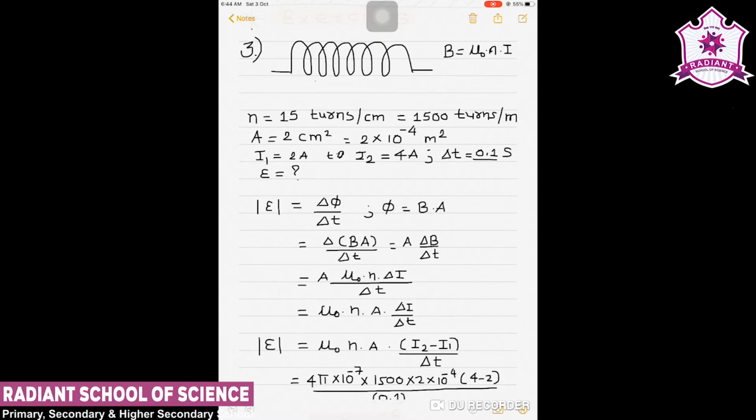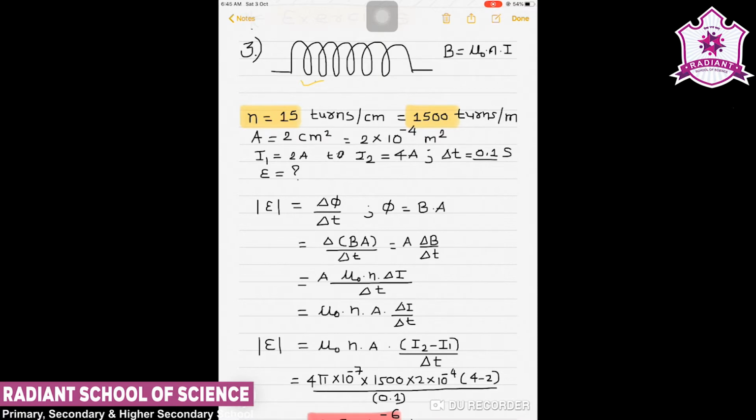Now for the given question, we are asked to find out the EMF. We are given a long solenoid, and we are given the number of turns for the solenoid, that is 15 turns per centimeter, so it will be 1500 turns per meter.